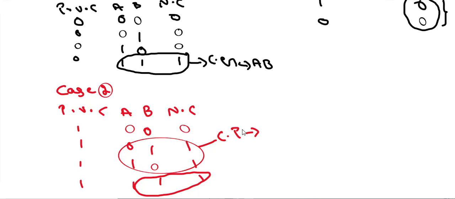The equation is a bar b plus a b bar. So the propagation carry is a bar b plus a b bar, and the generation of carry is a b.